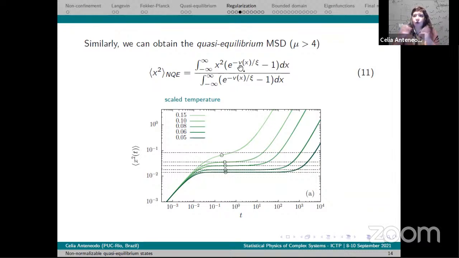Now we can do this same procedure for the other integral, for instance the integral in the numerator here. We can also rearrange and split terms, and we obtain a similar factor, a similar regularization, but this will correspond to the exponent of the potential. This will be valid for a rapid decay.